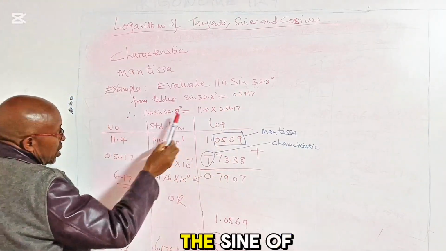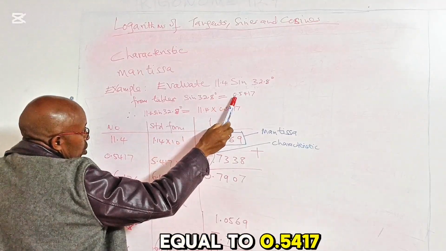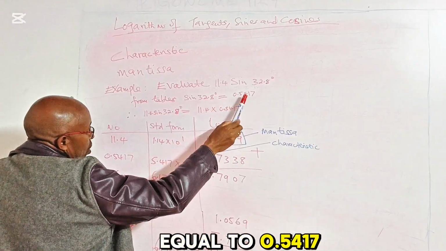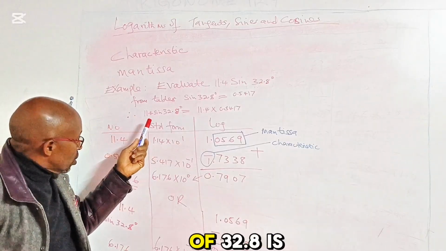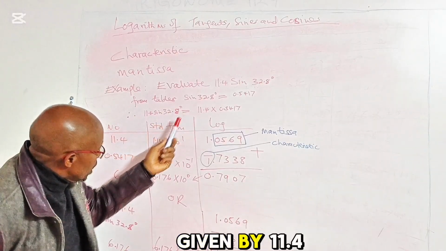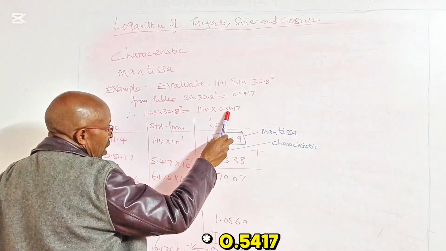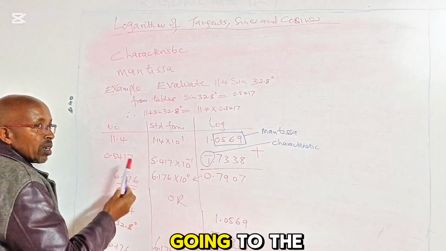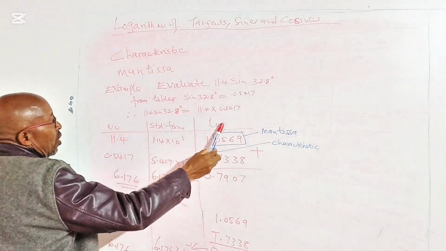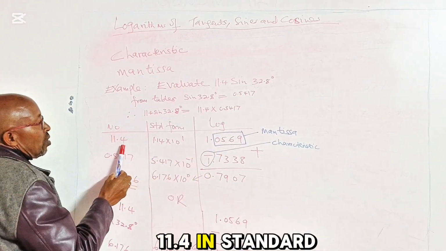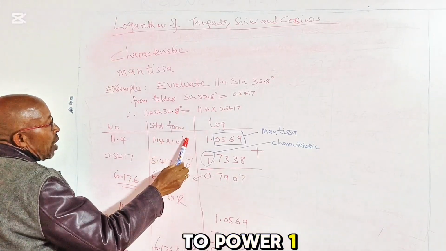From the tables, the sine of 32.8 degrees is equal to 0.5417. Therefore, 11.4 sine of 32.8 is given by 11.4 times 0.5417. Going to the logarithm tables, we have the number and then we have the log. 11.4 in standard form is 1.14 times 10 to the power 1.